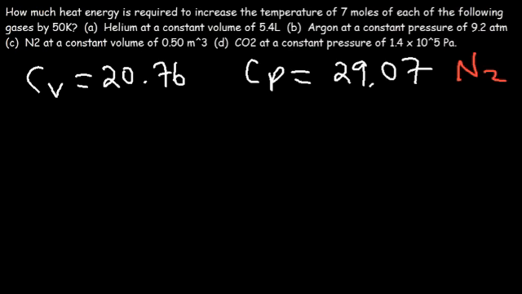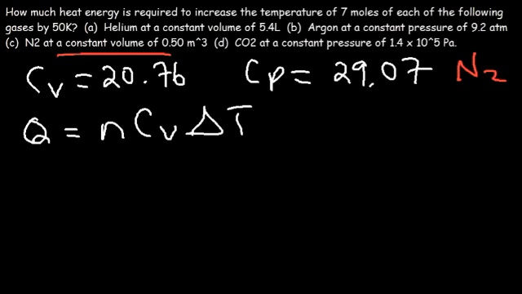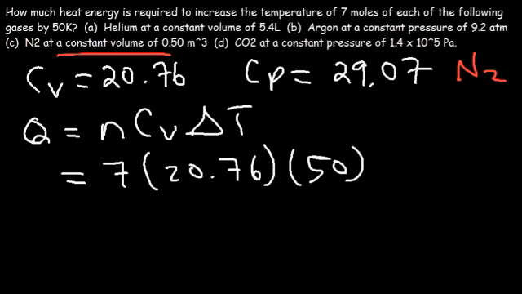But let's finish part C. So Q is going to be n times not Cp, but we're going to use Cv since we want to find out how much heat is required to increase the temperature at constant volume. So it's going to be 7 times 20.76 times 50. And this is 7,266 joules.